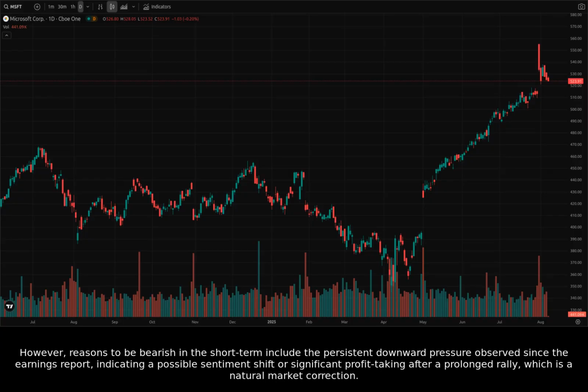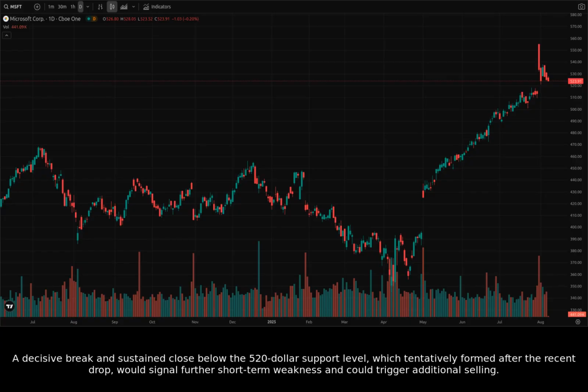However, reasons to be bearish in the short term include the persistent downward pressure observed since the earnings report, indicating a possible sentiment shift or significant profit-taking after a prolonged rally, which is a natural market correction. A decisive break and sustained close below the $520 support level, which tentatively formed after the recent drop, would signal further short-term weakness and could trigger additional selling.